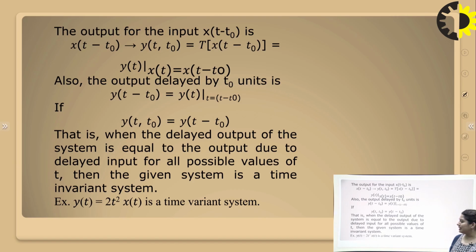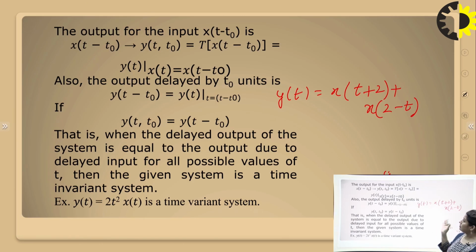For example, y(t) is equivalent to 2t squared x(t). Similarly, if y(t) is equivalent to, suppose, x(t) plus x(t plus 2) plus x(2 minus t), like this.